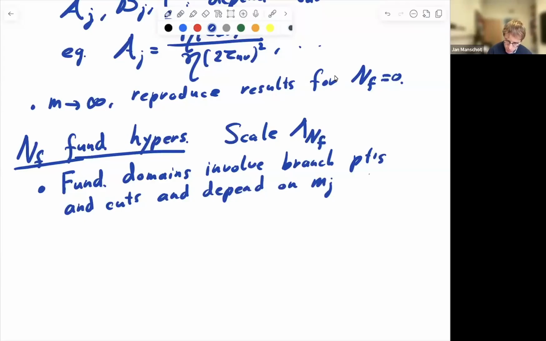If you would like to see more details, you can find them in the paper with Johannes Aspman and Elias Furrer from 2022. In particular, if you take the masses very large or very small, you see quite different domains. If you choose your masses to be large, you see that they asymptote to the result of N_f equals 0. So you see how the domains evolve from one theory to another if you take the decoupling limit.